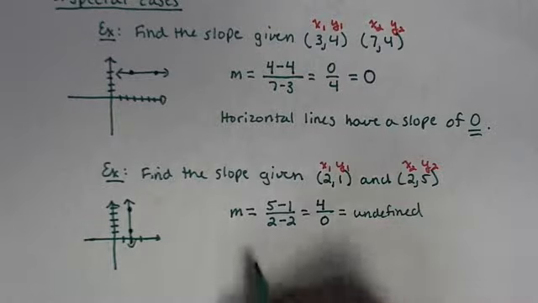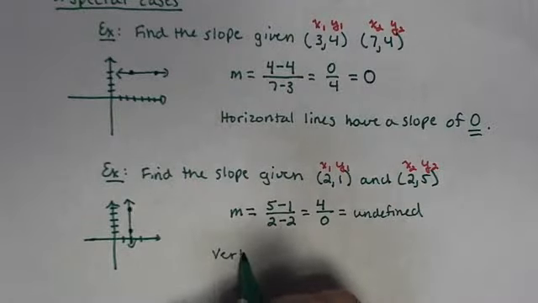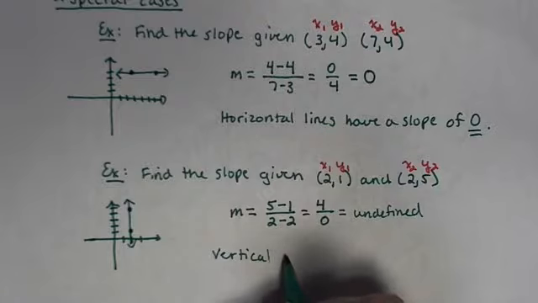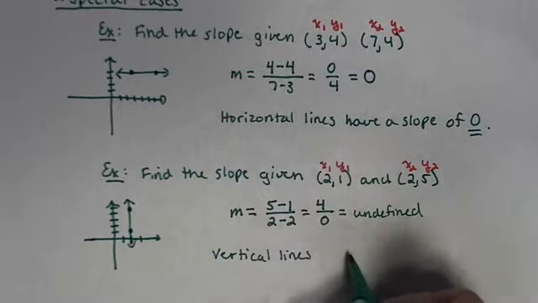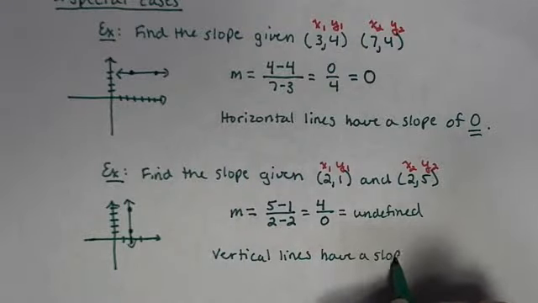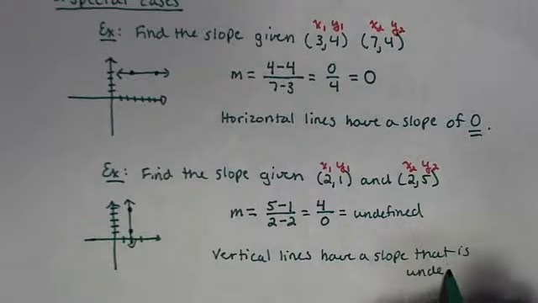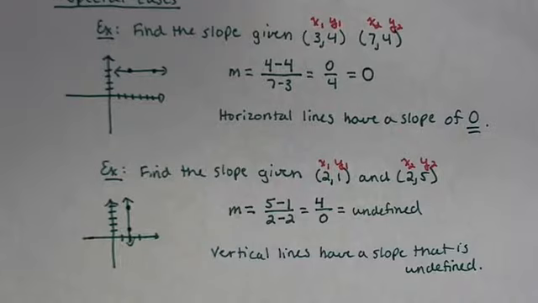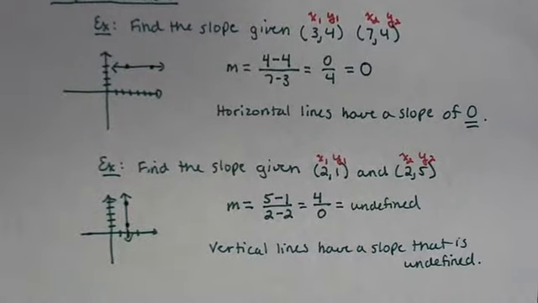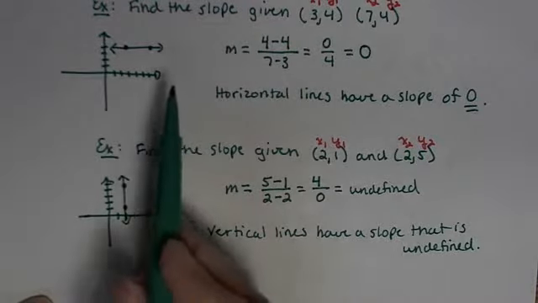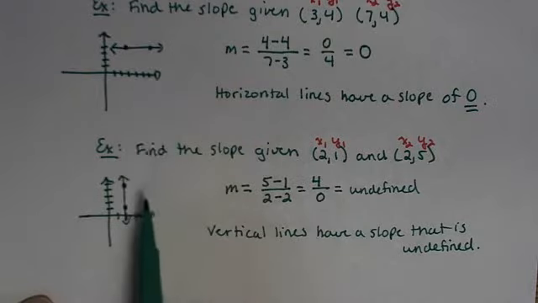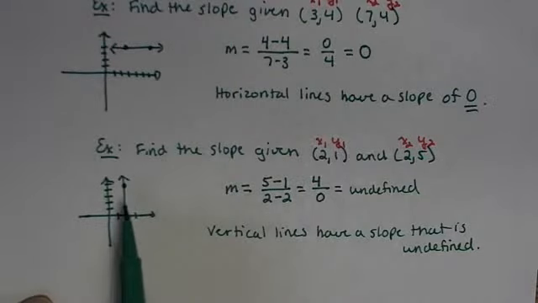And so vertical lines have a slope that is undefined. You want to keep that in mind with vertical lines. Okay, horizontal lines have a slope of 0, vertical lines have an undefined slope.